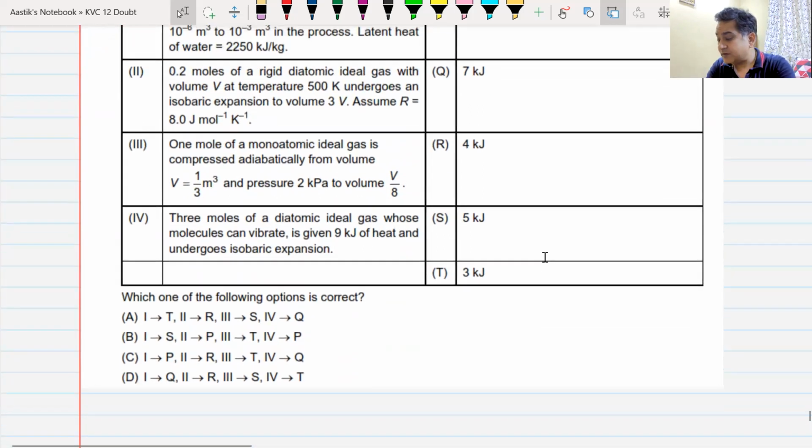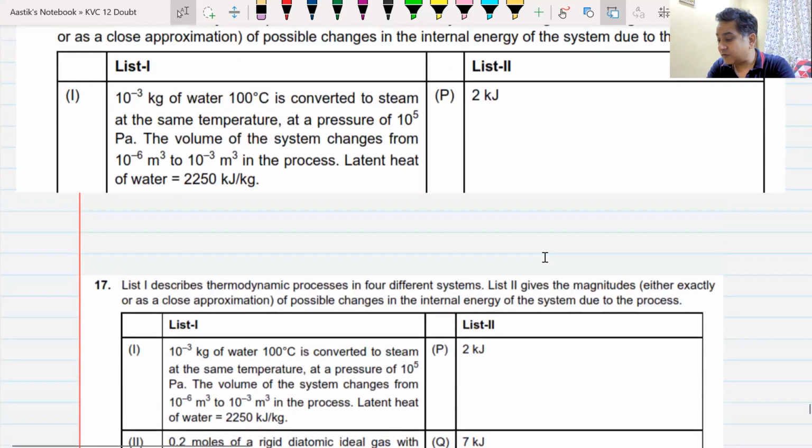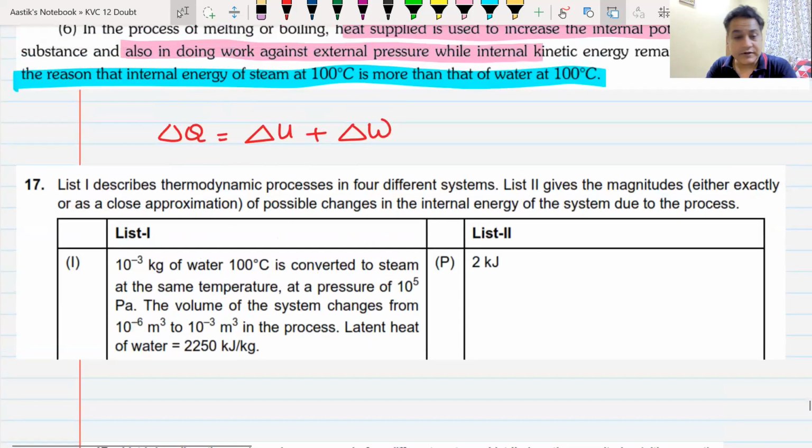We cannot do parts 2, 3, and 4 right now, but what we can do is part number 1, and this was exactly the same question, maybe even the same values, that we discussed in class. List A describes thermodynamic processes in 4 different systems. List 2 gives the magnitude, or a very close approximation, of possible changes in internal energy.